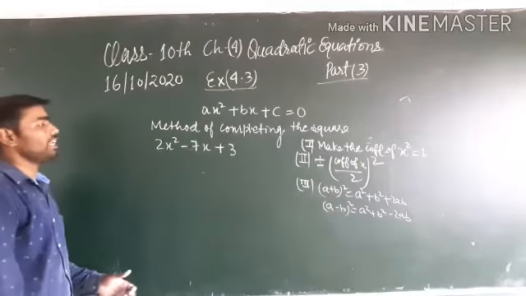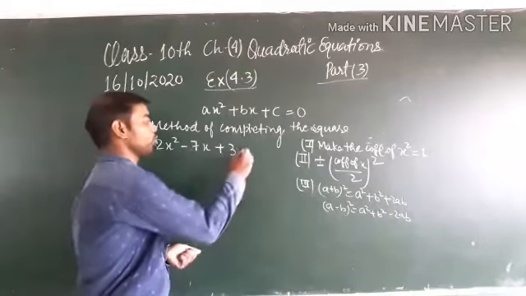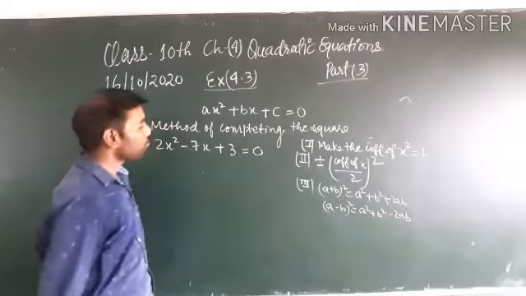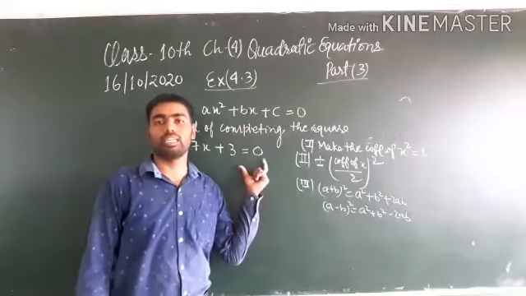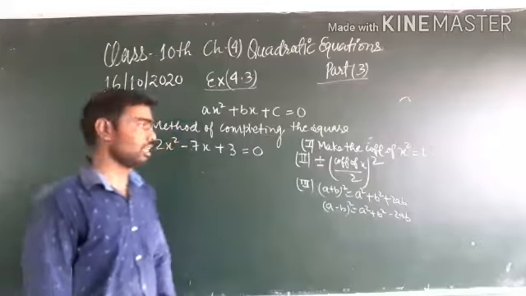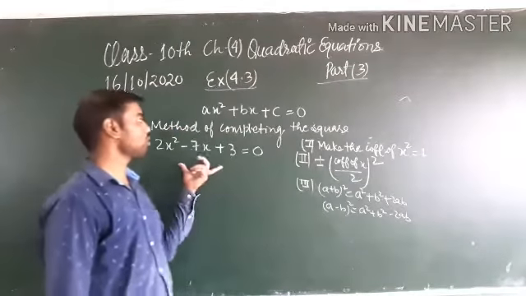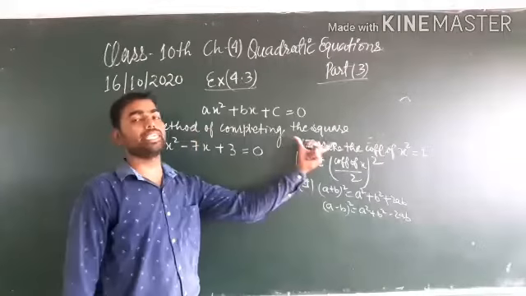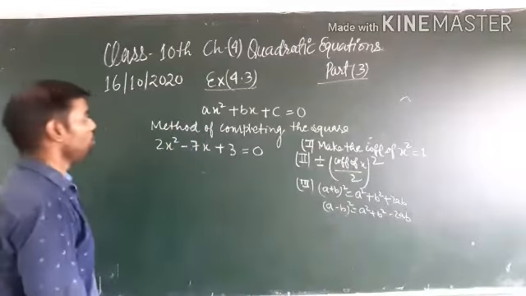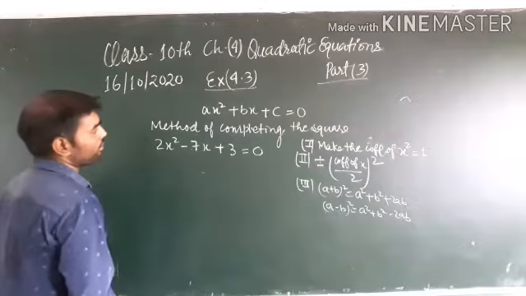You can find the solution of this quadratic equation by the factorization method or splitting the middle term, but we find the solution by the method of completing the square.